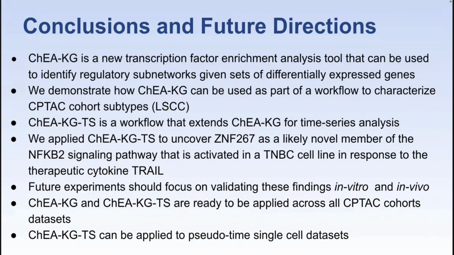And then we also showed ChEA-KG-TS, which is a workflow that extends ChEA-KG for time series analysis, and applied ChEA-KG-TS to uncover ZNF267 as a possible novel member of the NF-kappa B2 signaling pathway, which is activated in a triple-negative breast cancer cell line in response to the therapeutic cytokine TRAIL.